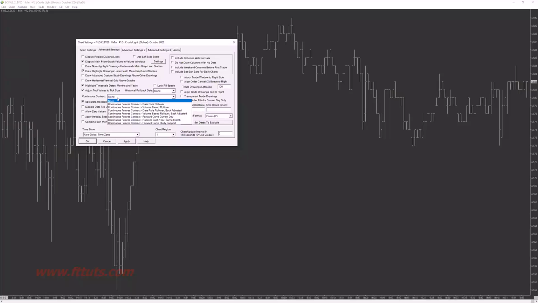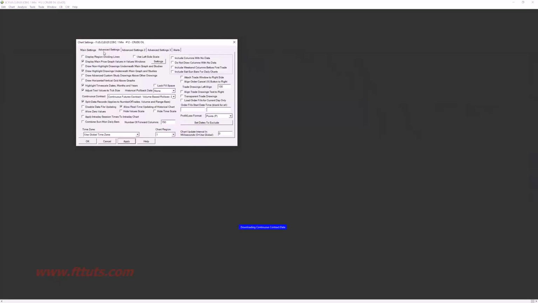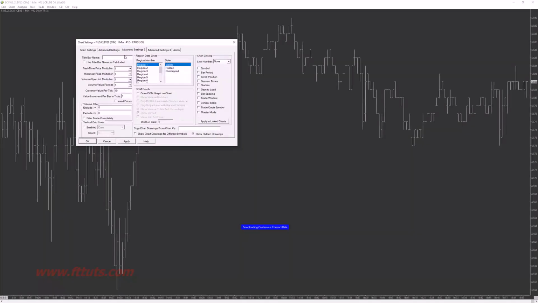They need to be able to be back adjusted, and I prefer a volume-based rollover, also back adjusted. Okay, so we're going to apply that. It takes longer to load, it has to do more processing, but it's important for us to have that. We can name the chart.